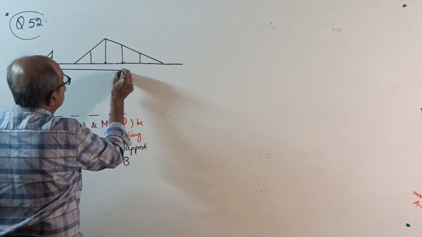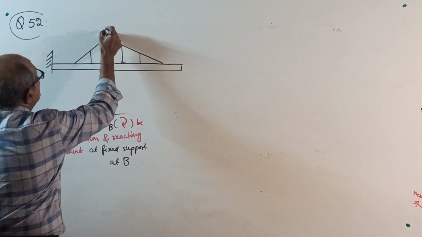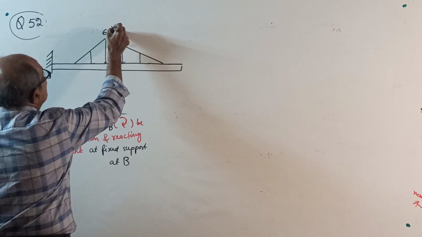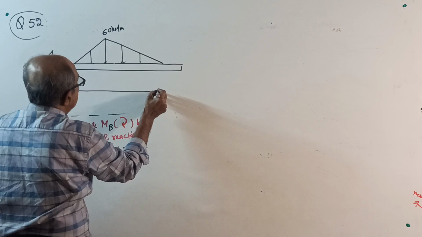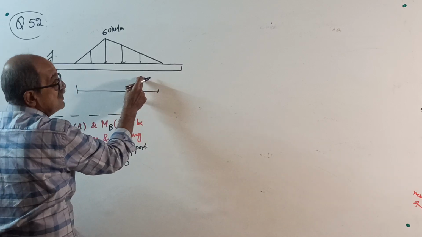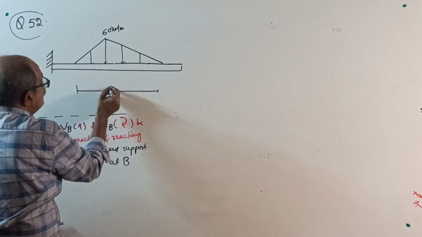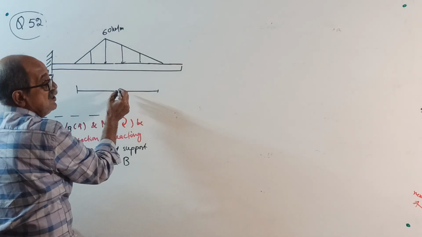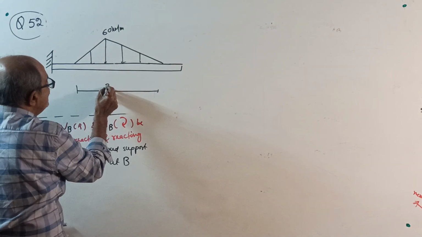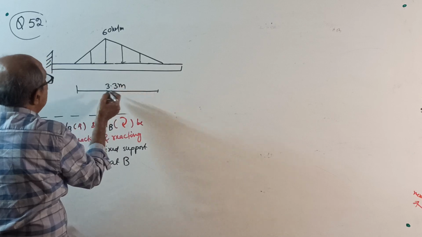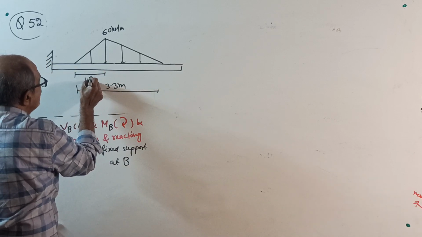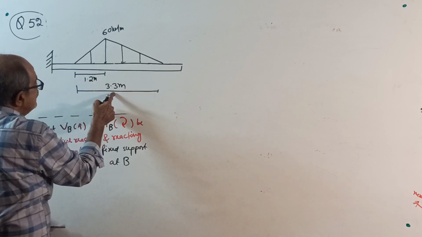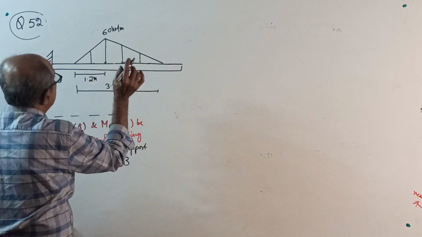Usually I show a double line for a cantilever, habit. 60 kN per meter. See, the total length of load is given, 1.2 plus 2.1, 3.3 meter. Then they told this cut distance is given, 1.2 meter.